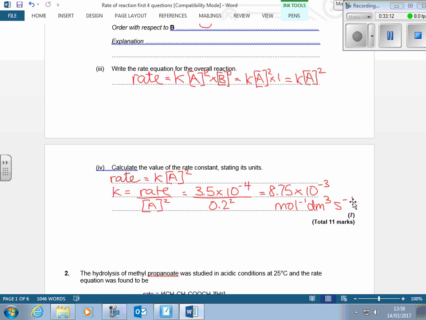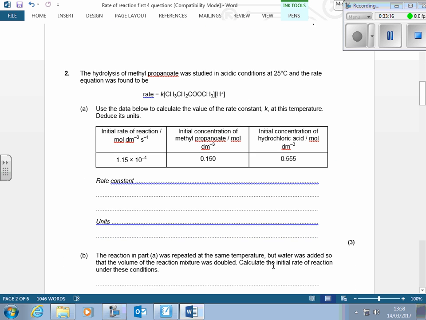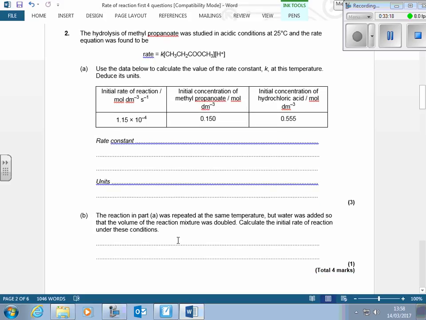Right, let's see what we've got. The hydrolysis of methyl propanoate, you've got to think back to your organic for that, was studied in acidic conditions at 25 degrees C, and the rate equation was found to be, oh great, K times CH3CH2COOCH3.